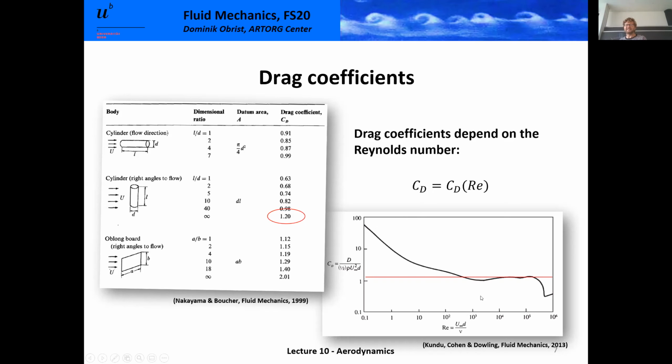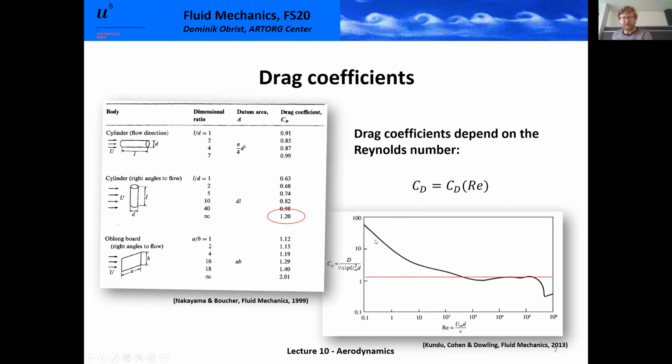In the red line, I marked this value of 1.2, and we see that indeed in a range of Reynolds numbers, let's say about 1,000 to about 10 to the 5, 100,000, or maybe a bit more, 1.2 is indeed a good approximation to the actual drag coefficient.